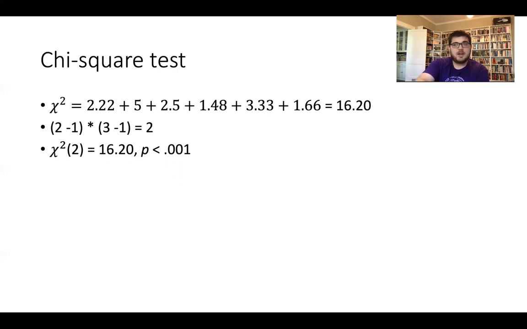Basically, every time you have an F distribution or a T distribution or a chi-square distribution, you're assuming that that's an appropriate way of calculating the probability of your data. Usually that's a fairly safe assumption.